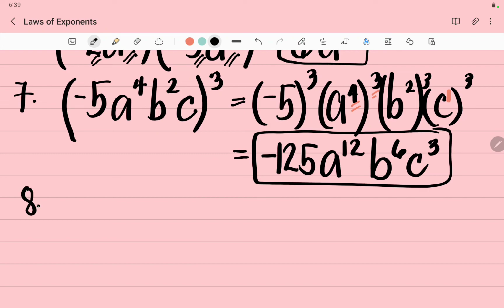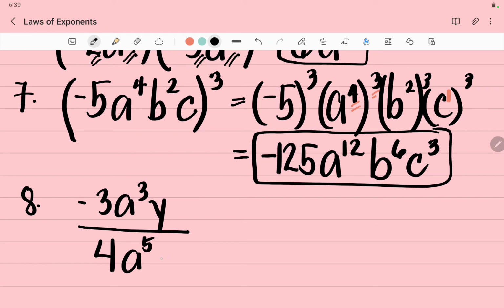Number 8. Let's say we have negative 3 a cubed y divided by 4 a raised to 5 y squared.